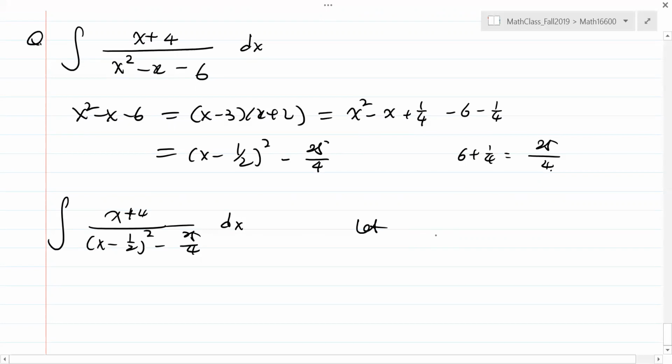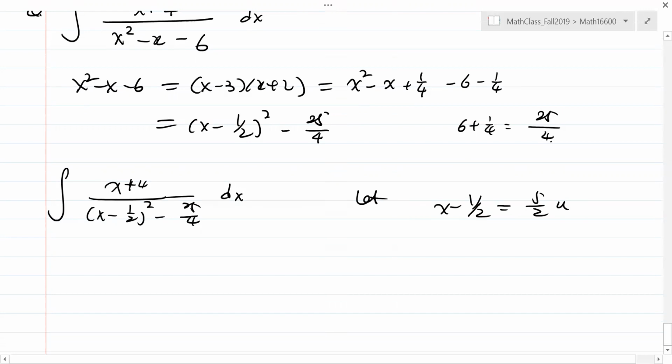So what I'm going to do is x minus 1/2 should be equal to 5 over 2 u, right? How about like that? Then when you square it, you get 25 over 4. So the integral is going to be 25 over 4 u squared minus 25 over 4. Great.